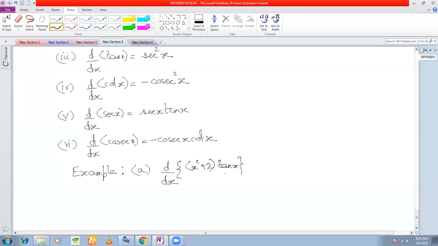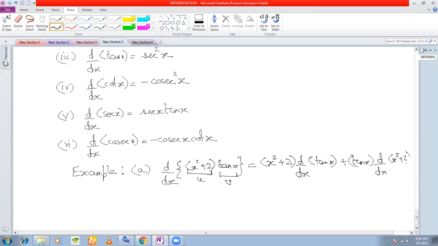This is a product of two functions. Just take this as u and this as v. You can use the u into v rule: x square plus 2 times d/dx of tan x, plus tan x into d/dx of x square plus 2.